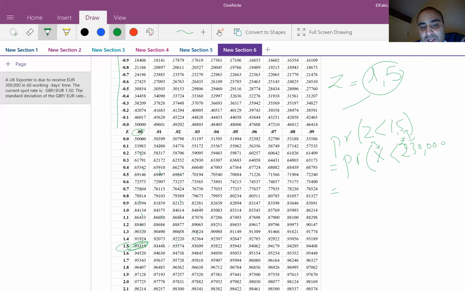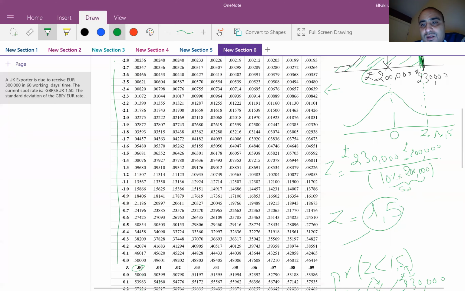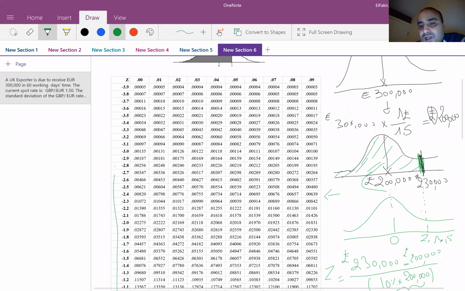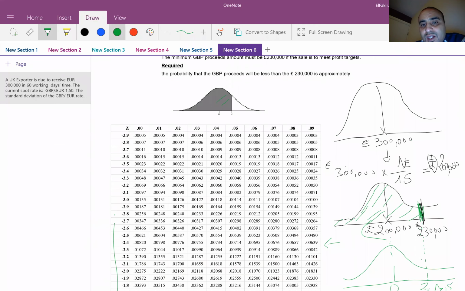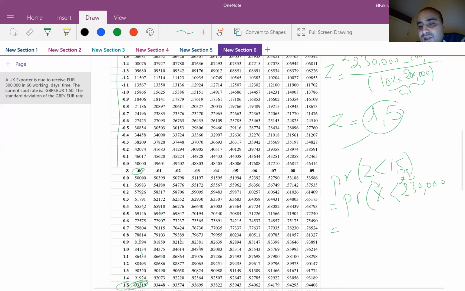And that, as you can see from here, because the graph actually gives us all this area below, okay? So that means this is 0.93319.